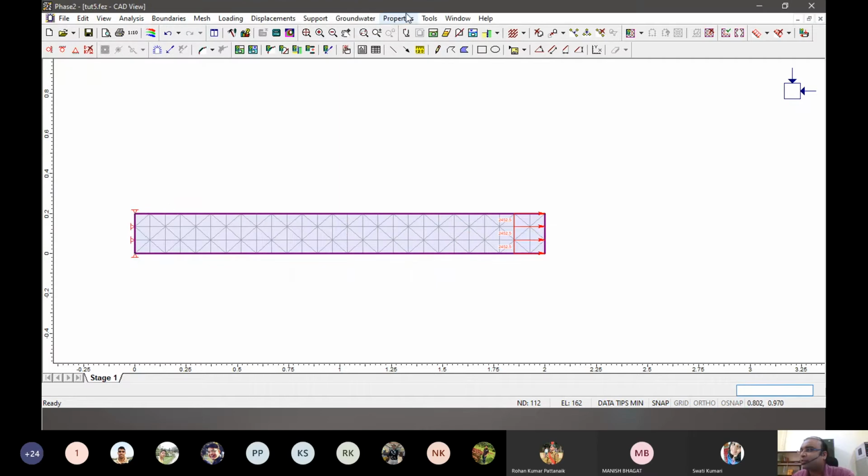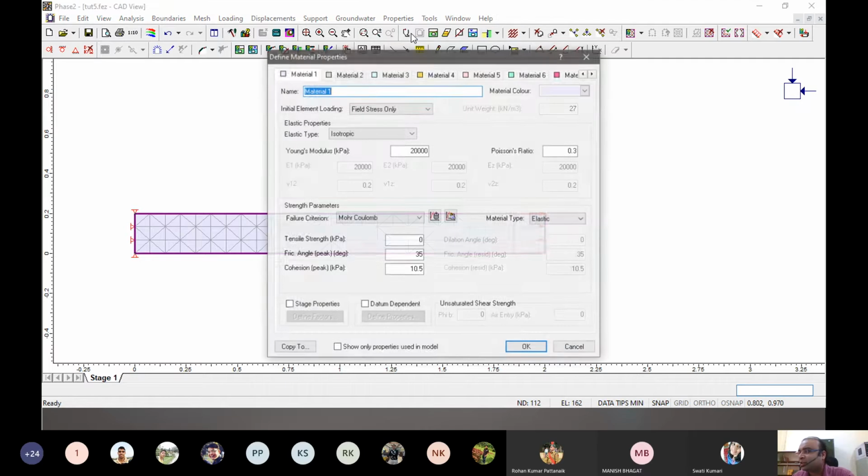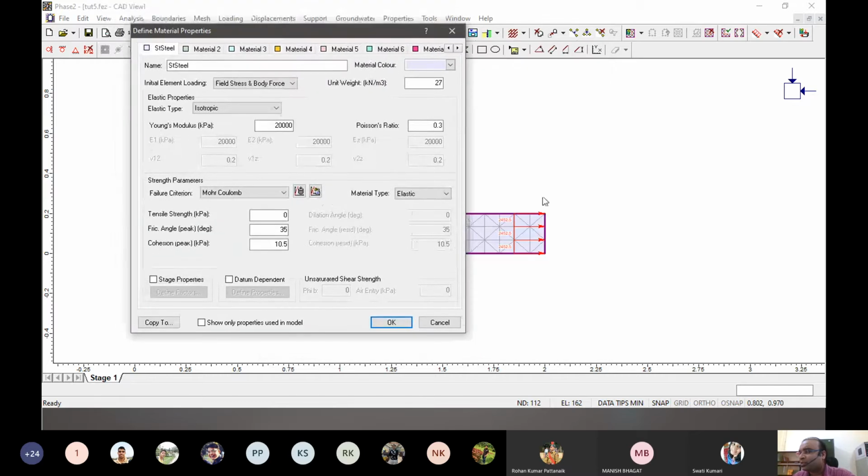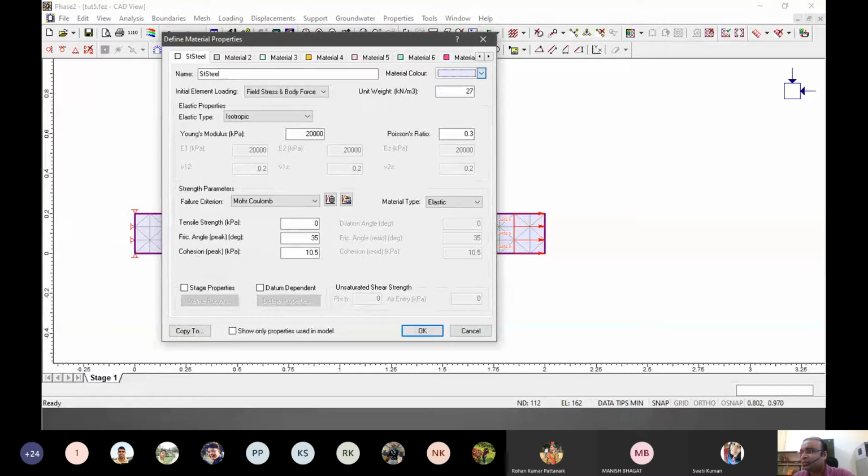So we have to give the material properties before that. So this is stainless steel. Don't forget this. So we are working on field stresses right now. Anyways, it doesn't matter because it will be just based on what forces we have given. Just use any.